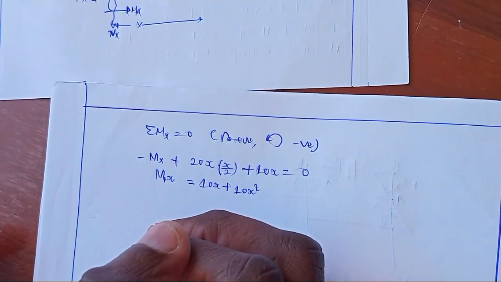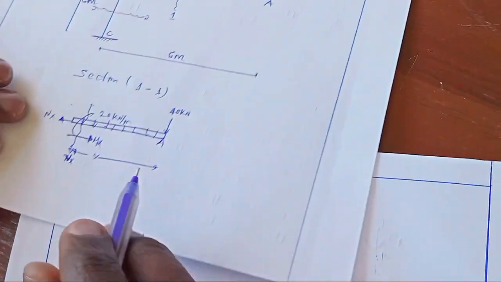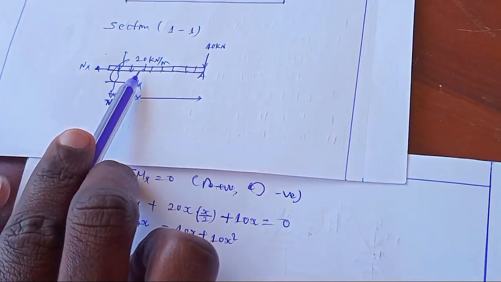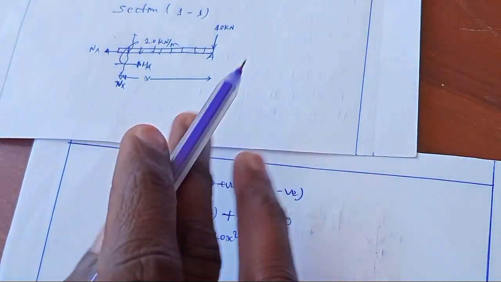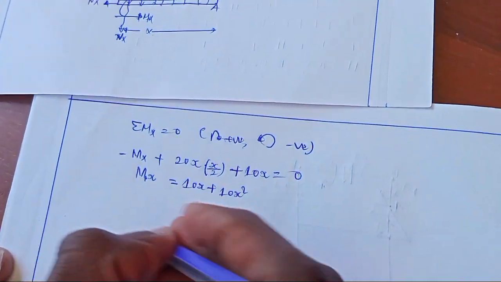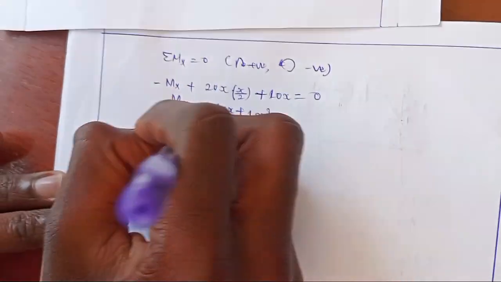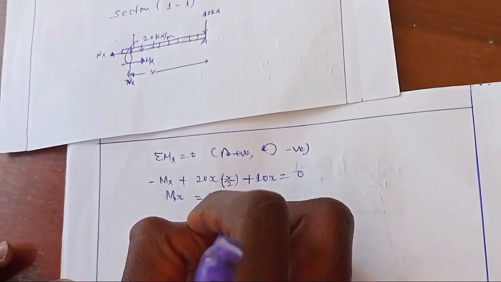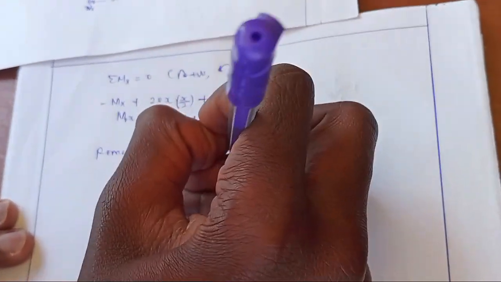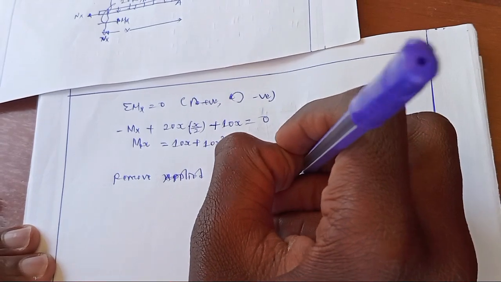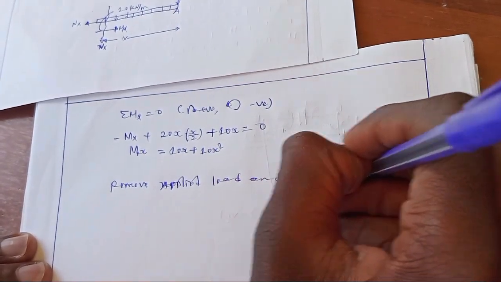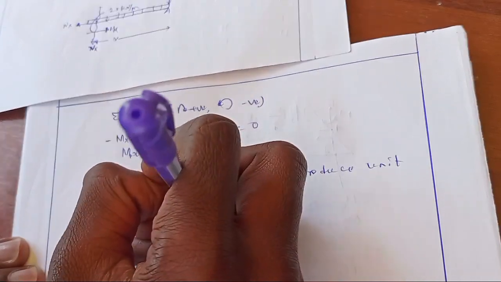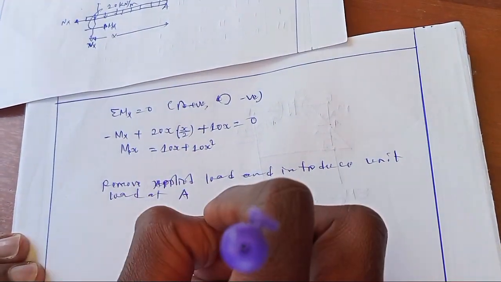In order to obtain the moment due to unit load, we remove the applied load and introduce a unit load at A. So it will be in this way.